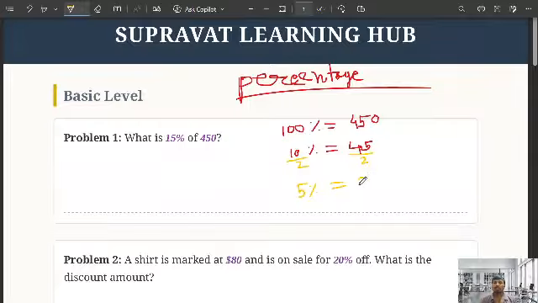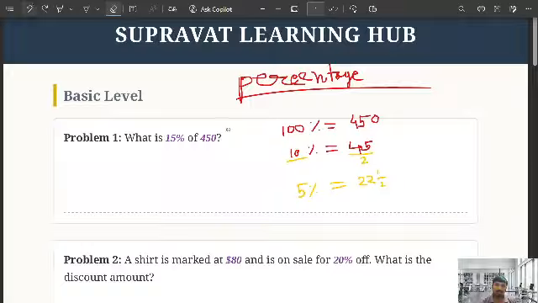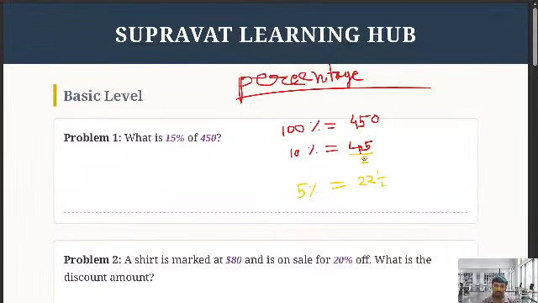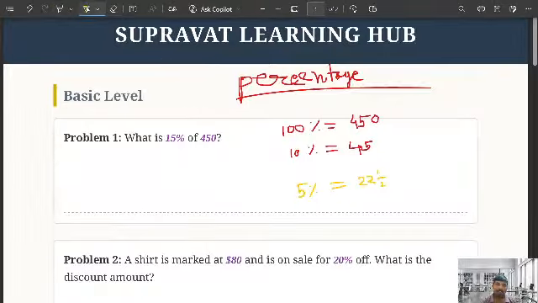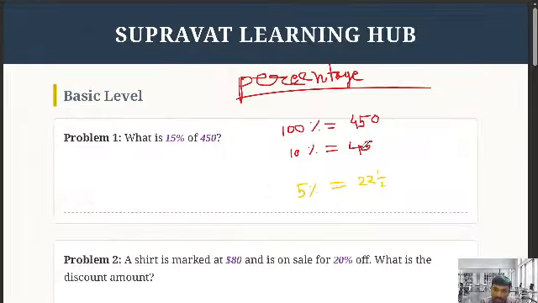So I can write it 22 and half. Why am I doing this 5%? Because this 10% means 45 and 5% means 22 and half.